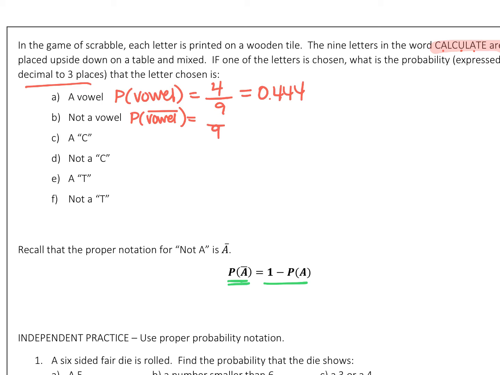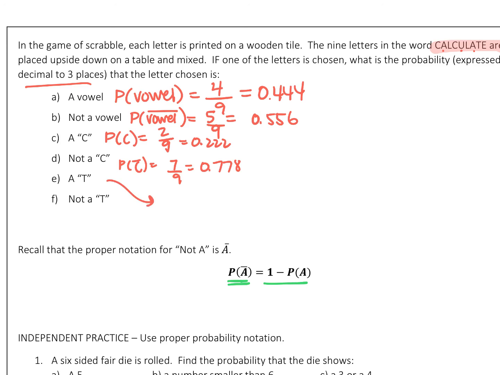So again, you could just count them up, but I know that in total there's 9 letters and 4 of them are vowels, so the other 5 are not vowels. So that comes to 0.556. The probability of getting a C, so out of the 9 letters, 2 of them are C's, so that comes to 0.222. And not a C, well, that's going to be 7/9, which would be 0.778.